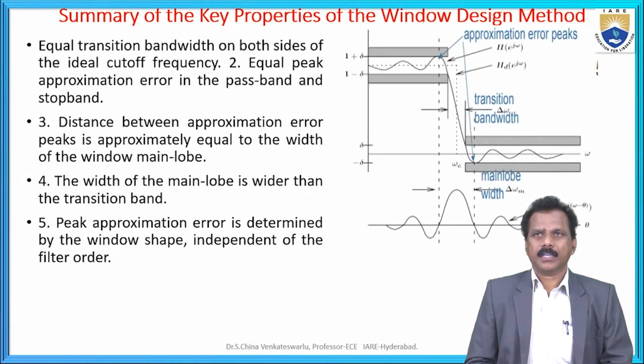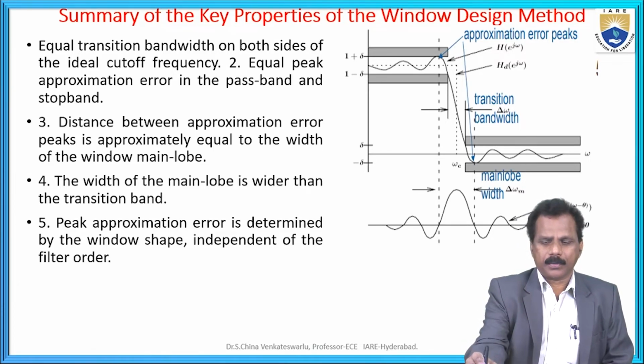Here we expect approximation error peaks. By using this graphical representation, equal transition band on both sides of the ideal cutoff frequency and equal approximation error peaks are observed, where H of e power j omega is the filter response and the desired frequency response is H_d of e power j omega.